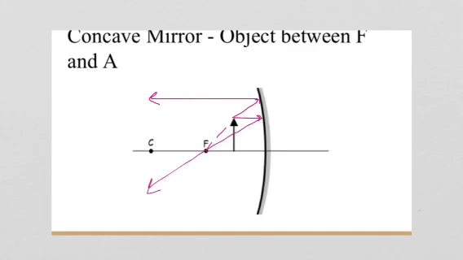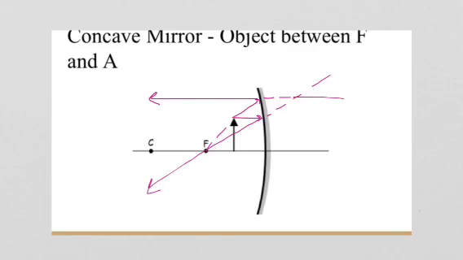And you might be saying, well, what's going on here? Because in order to have an image, you need to have light rays converging. These light rays are diverging. However, you could follow these light rays through their lines of sight, and their lines of sight end up converging. And this is very similar to what we saw in a plane mirror.